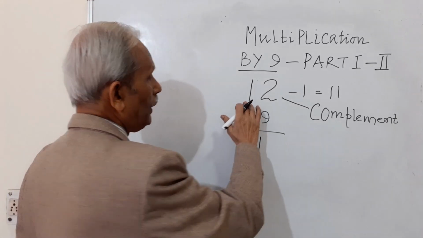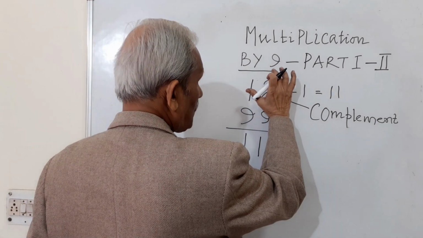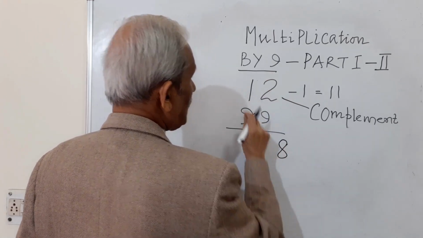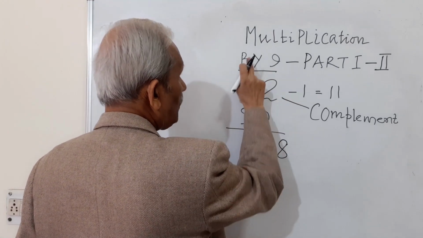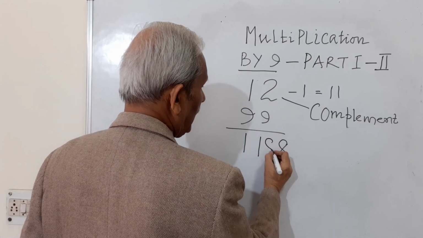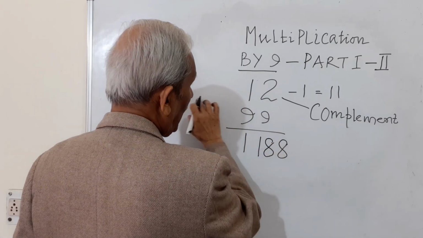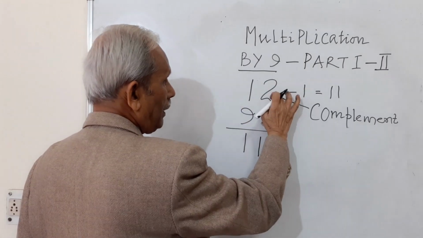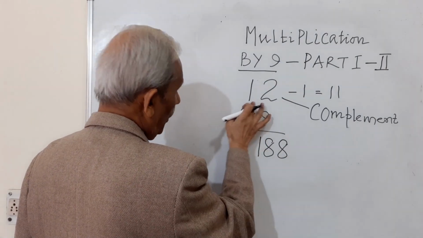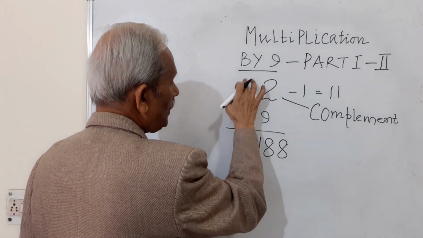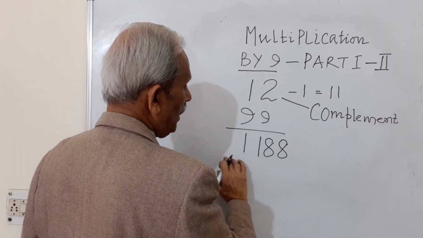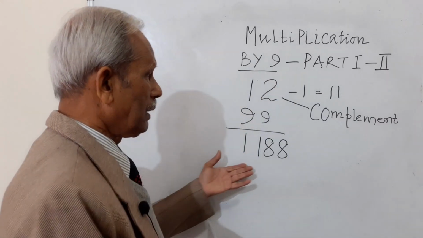The last digit is reduced from 10 to get 8, and all other digits are reduced from 9. So 9 minus 1 is 8, 10 minus 2 is 8. Answer is 1188. That is the multiplication.